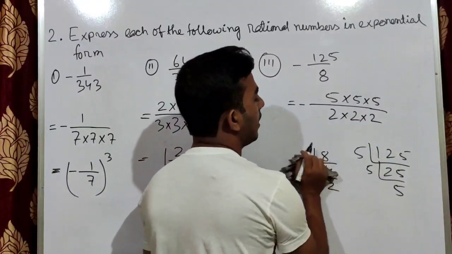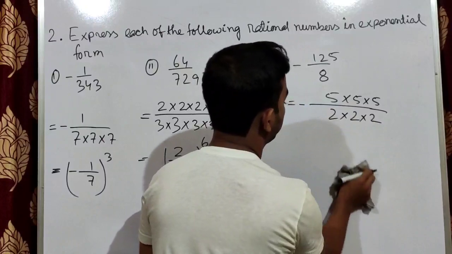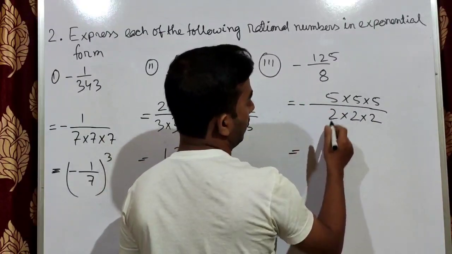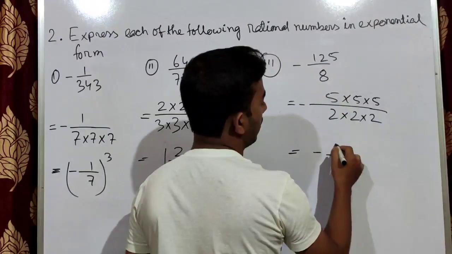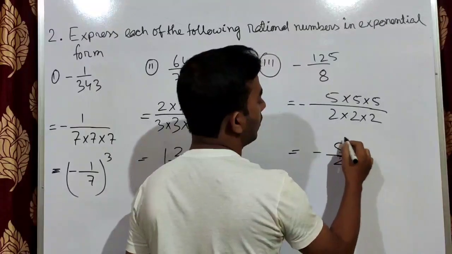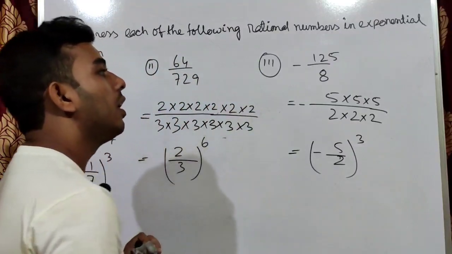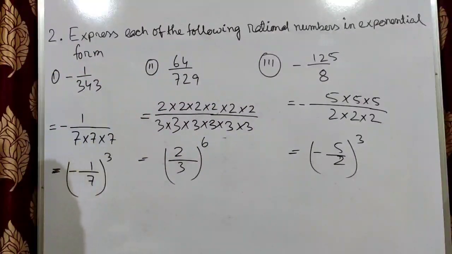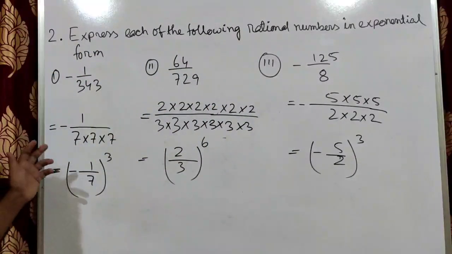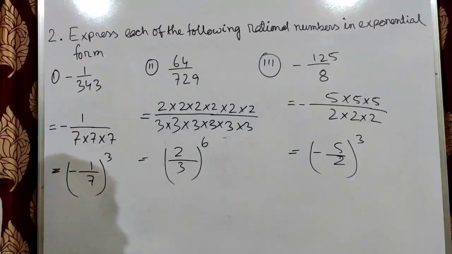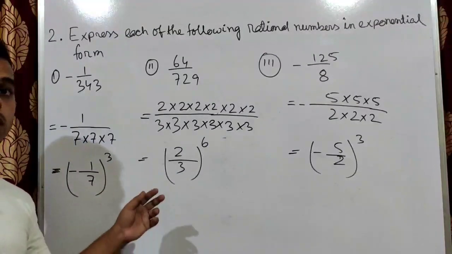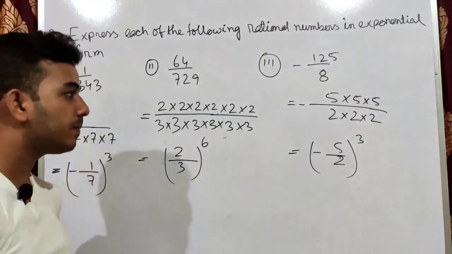Up to this clear? Okay. So here the fraction is 5 by 2, and both of them are multiplied 3 times. So we will give power 3. I hope this is clear to you, right? In this case what we have done is we found the factors and then we put the powers, that is, how many times the factors are multiplied.